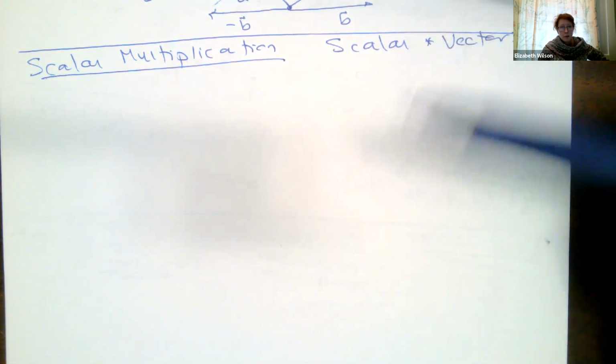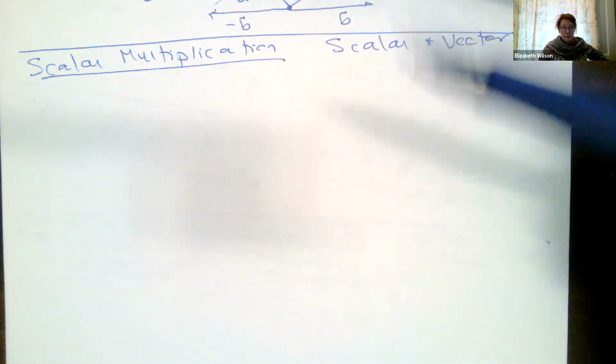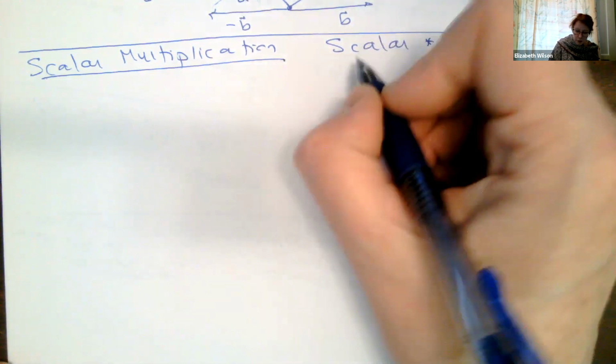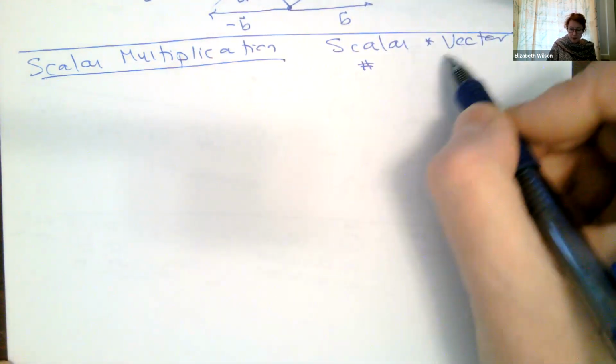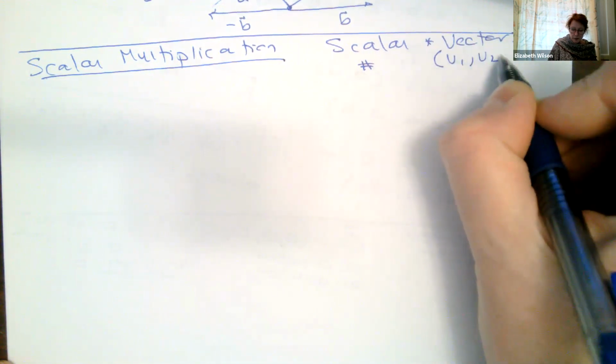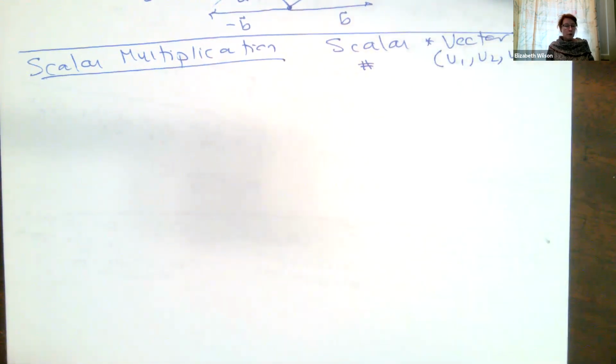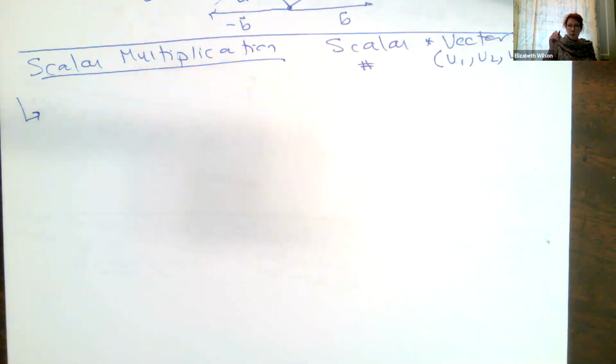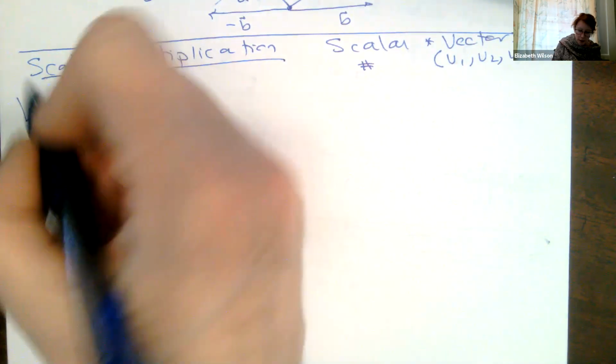That's our dot product and cross product. We're going to talk about that in depth because they're pretty important processes. But for today, we're talking about scalar multiplication. A scalar, remember, is just a plain number, and a vector has multiple components to it, right? So when I do a scalar multiplication, I have to take that scalar and distribute it, multiplying it by all of the individual components of my vector.